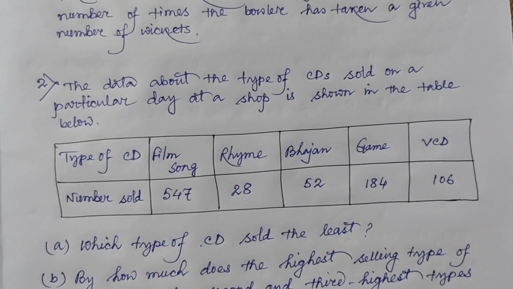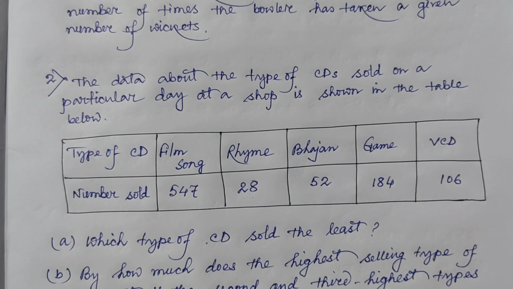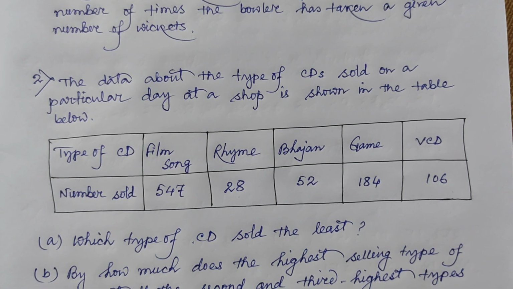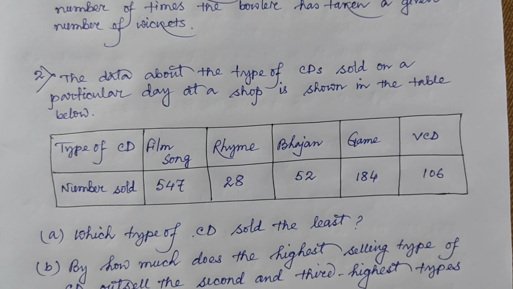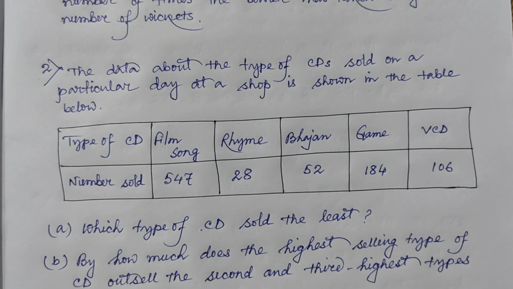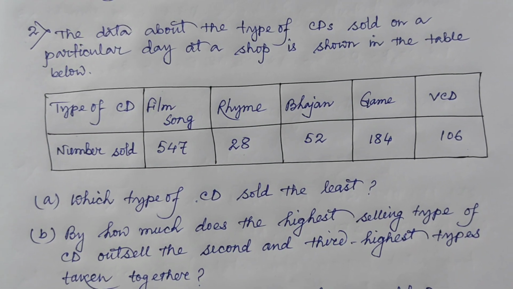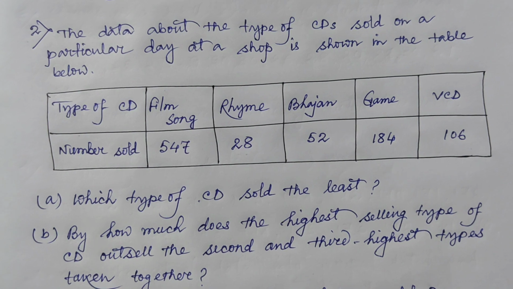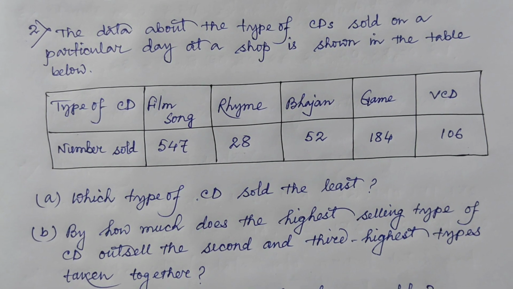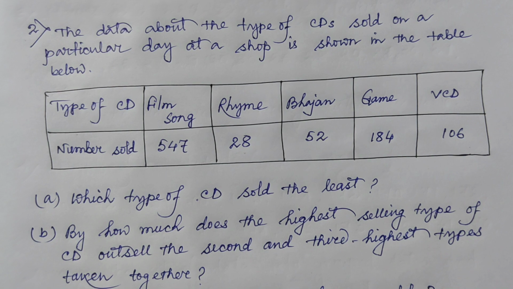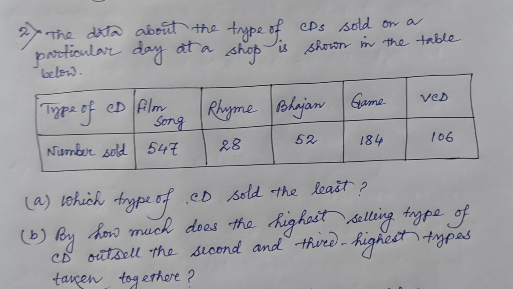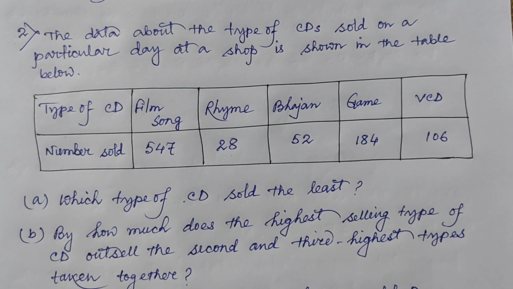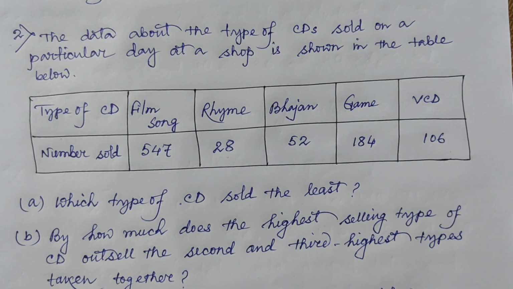Next, number 2. The data about the type of CDs sold on a particular day at a shop is shown in the table below. You can see the data are given: type of CD: film song, rhyme, bhajan, game, VCD. And number sold: film song 547, rhyme 28, bhajan 52, game 184, VCD 106.